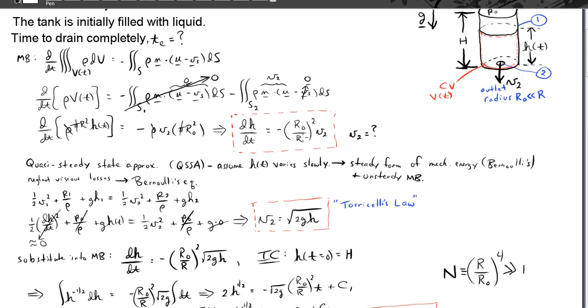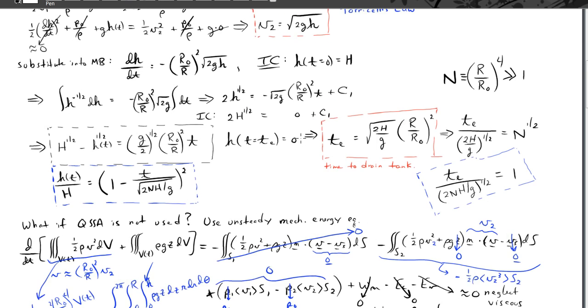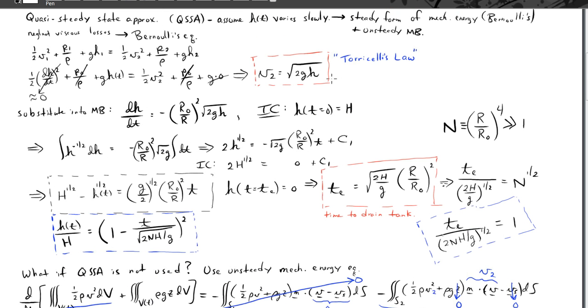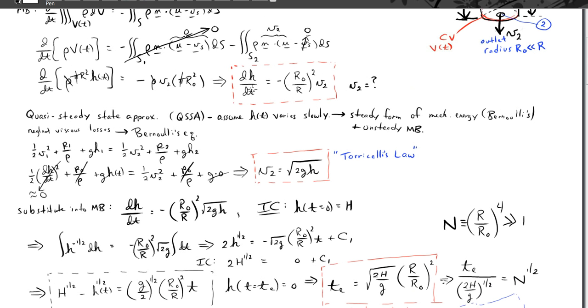So instead, we're just going to use our unsteady mass balance to substitute for V2. And we said that's equal to minus R over R naught squared times dH/dt.